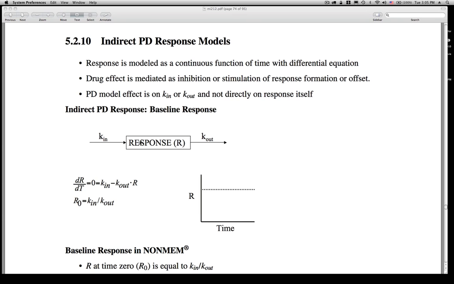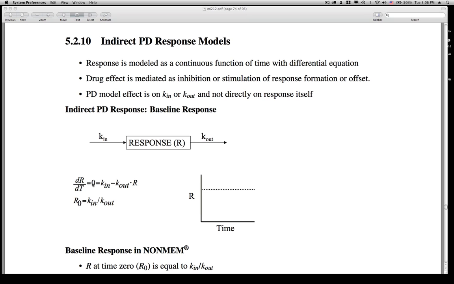So, for example, we have a response compartment now, which is formed by some zero-order rate constant Kin and eliminated through a first-order rate constant Kout. And we could describe the rate of change of the response over time at steady state, or under constant conditions where that rate is equal to 0, as something like this: Kin minus Kout times R equals 0.